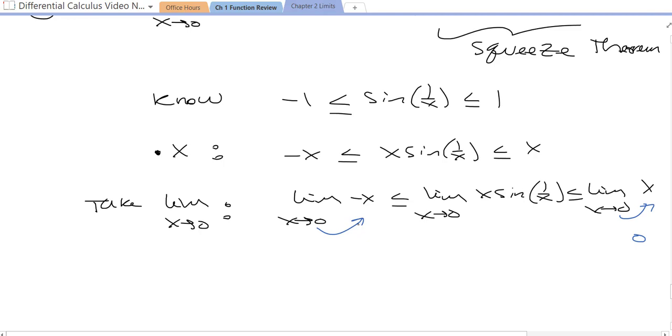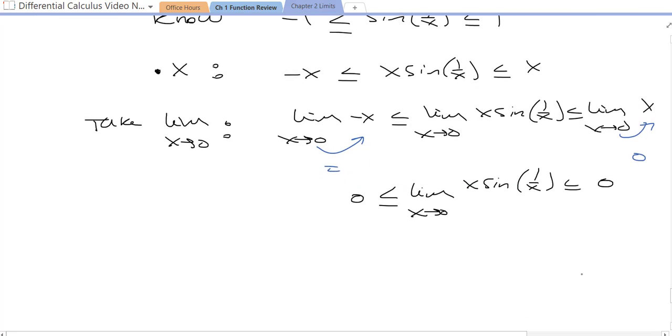And so I end up with 0 is less than or equal to limit as x goes to 0, x sine 1 over x less than or equal to 0. So then what can you say? By the squeeze theorem, this limit must also be 0, by the squeeze theorem.